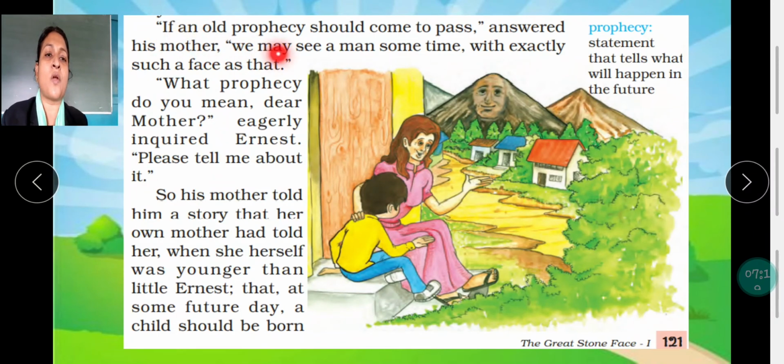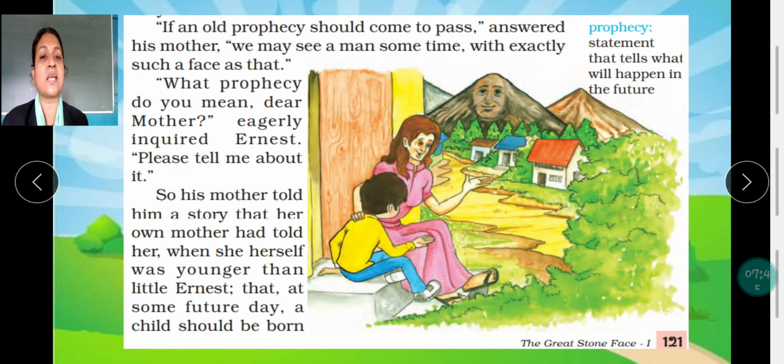"If an old prophecy should come to pass," answered his mother. So when he was saying that, I would love that person, if I come to meet a person who has a resemblance to this mountain structure, at that time the mother is telling that there is an old prophecy. Now prophecy is a statement that tells what will happen in the future.